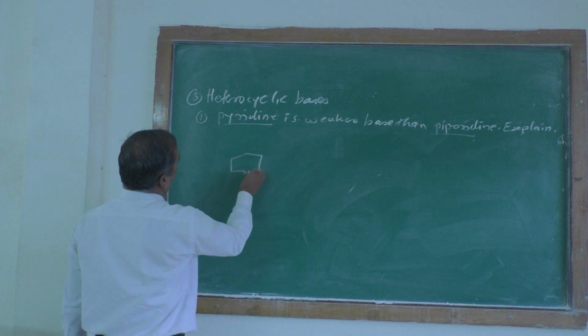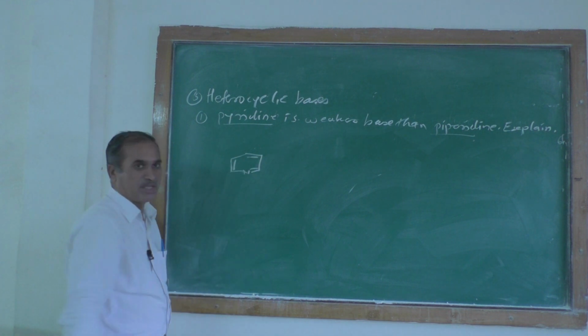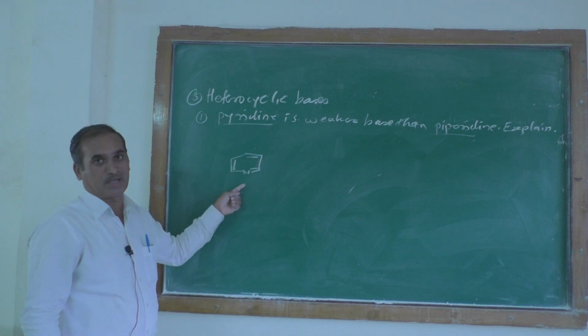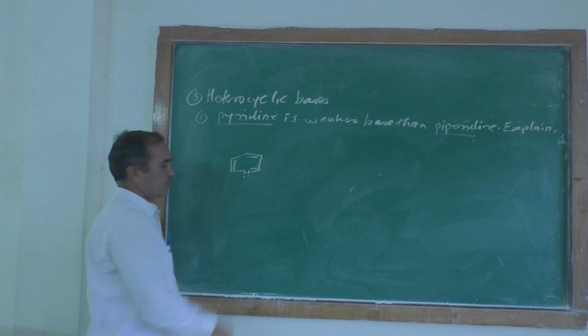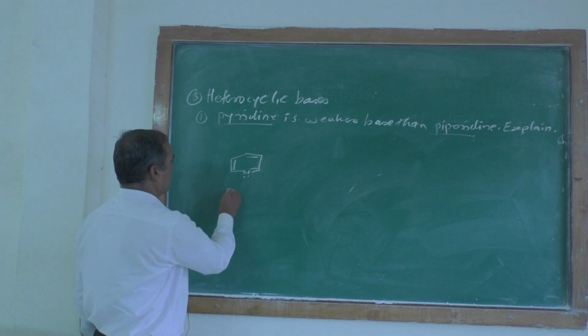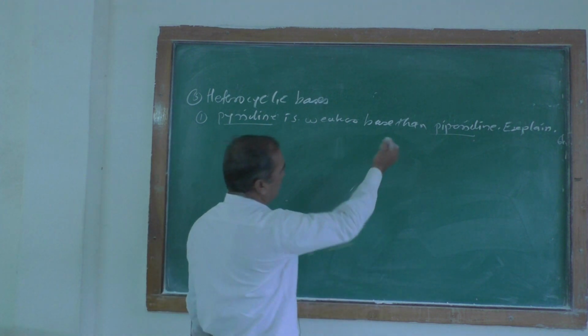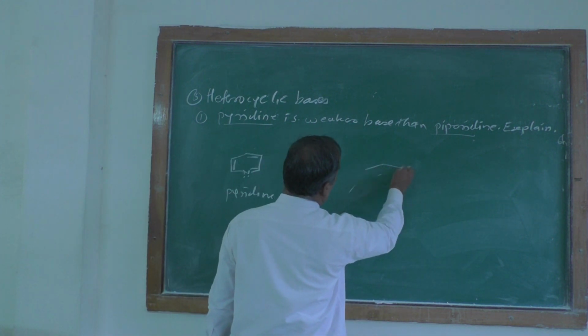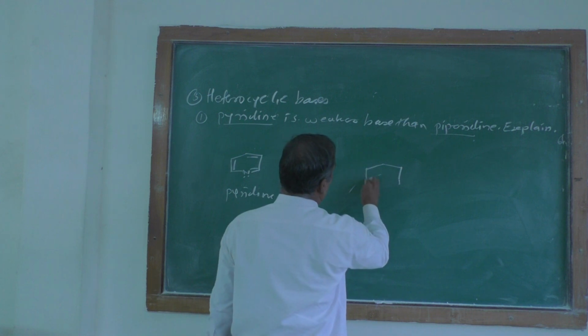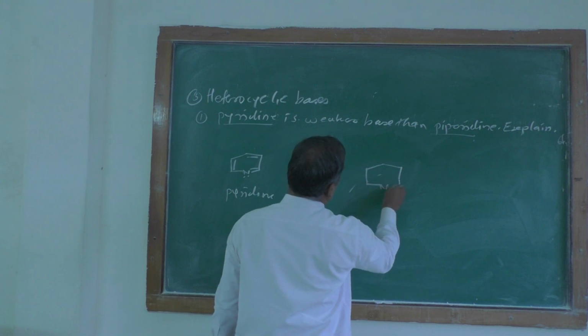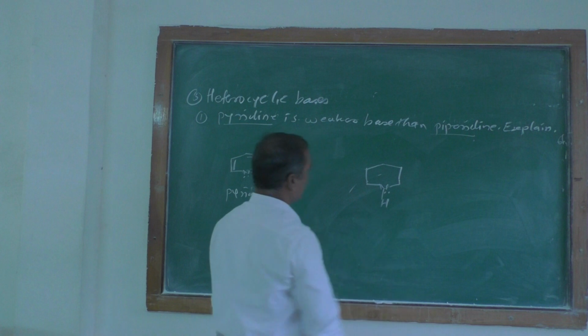This one, so simple structure, a benzene ring where one of the carbon atoms gets replaced by nitrogen, and this is the structure of pyridine, and it is a weaker base. And now the structure of piperidine is this one. This is the structure of piperidine.